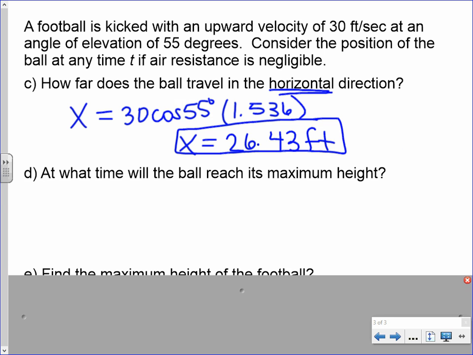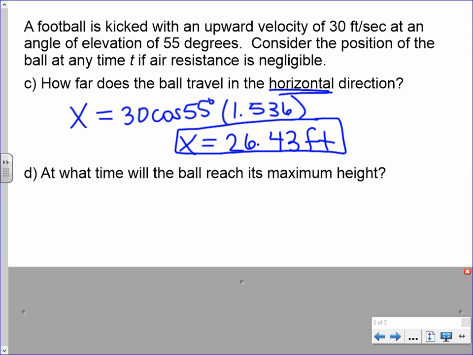Now, at what time will the ball reach its maximum height? We're going to talk about solving this problem two different ways. If I ask for the time when the ball is at its maximum height, any ideas on what we could do to find that?